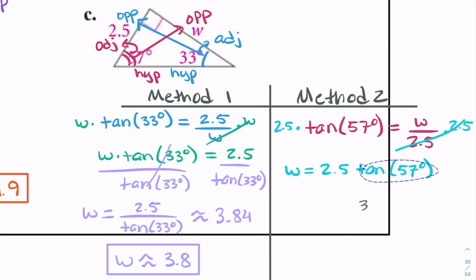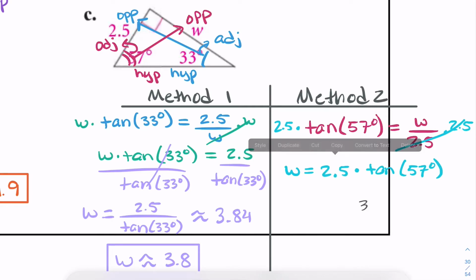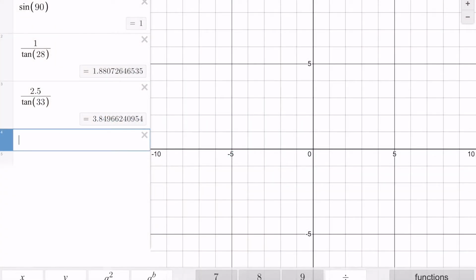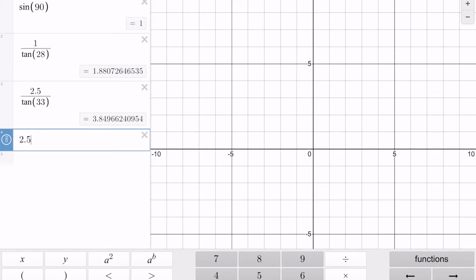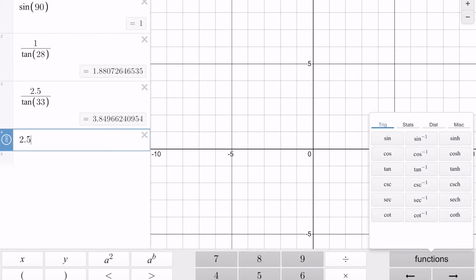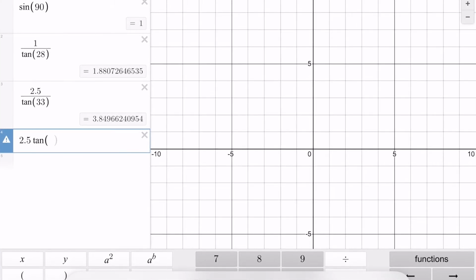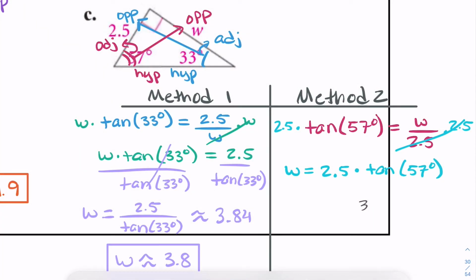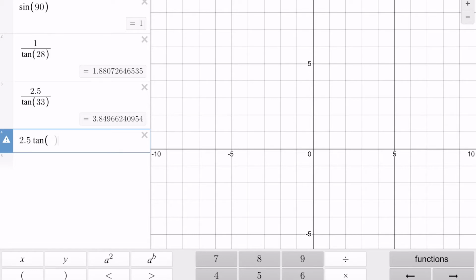And we can write it with the multiplication sign in between. 2.5 times tangent of 57 is exactly the same thing.